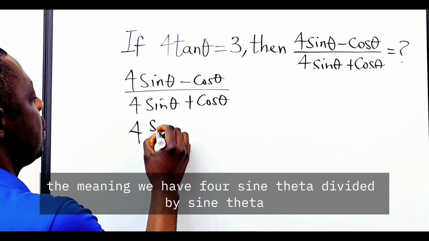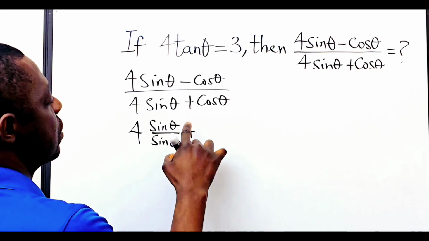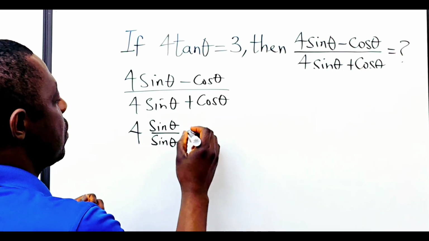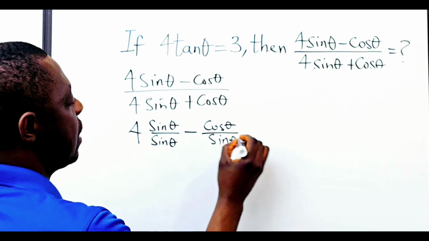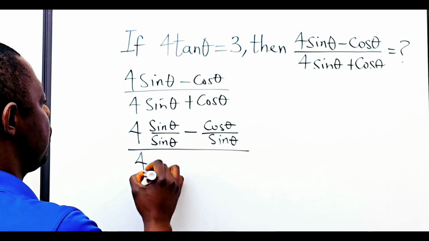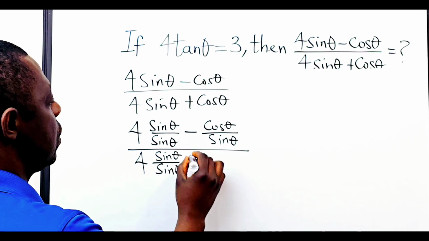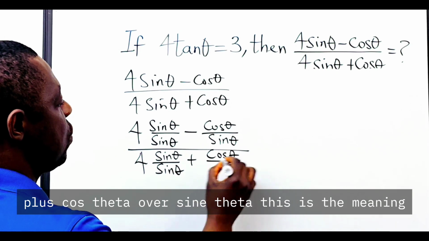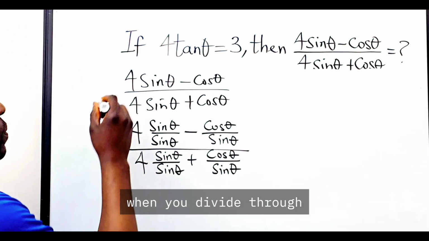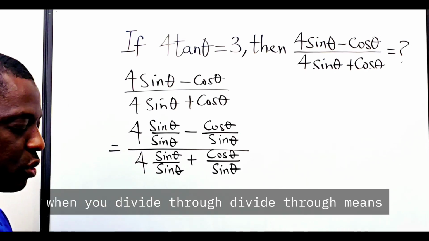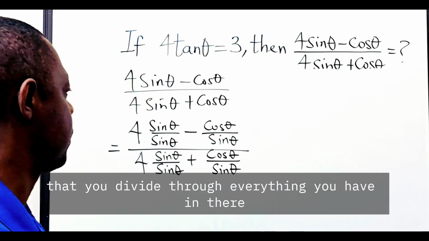We have 4 sine theta divided by sine theta minus cos theta divided by sine theta, over 4 sine theta over sine theta plus cos theta over sine theta. This is the meaning when you divide through. When you divide through means that you divide through everything you have in there.